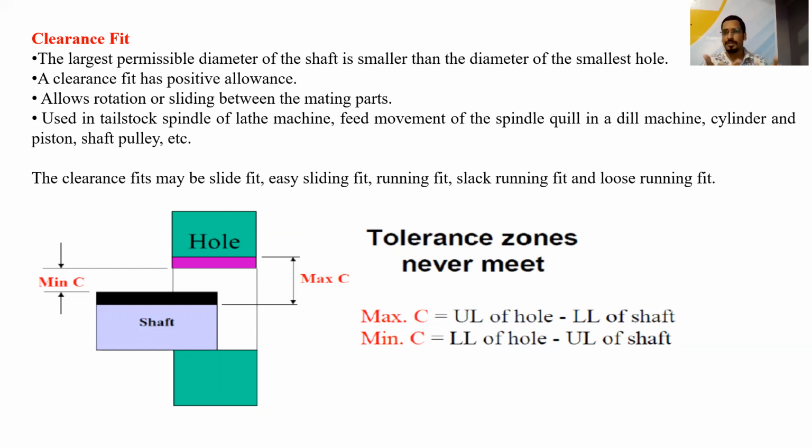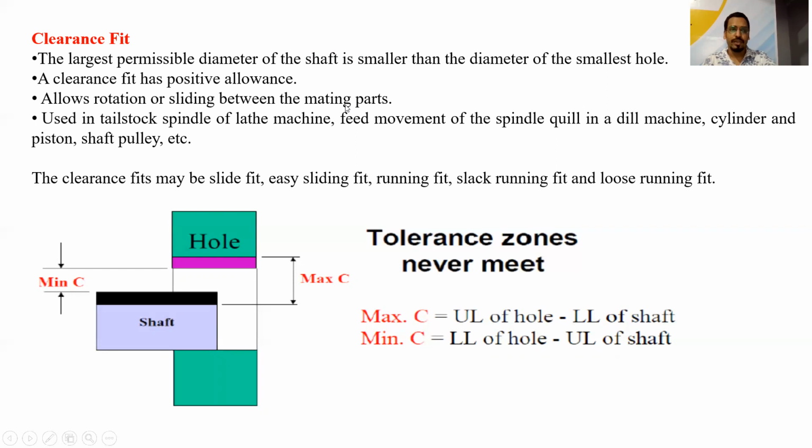Next is cylinder and piston, I have already told you. Shaft and pulley. So these are some examples of clearance fit. The clearance fit may be slide fit, easy slide fit, running fit, slack running fit, and loose running fit. These are the types of clearance fit.